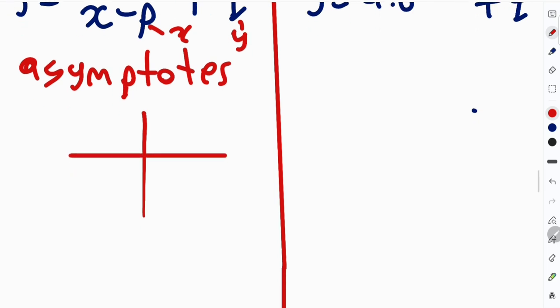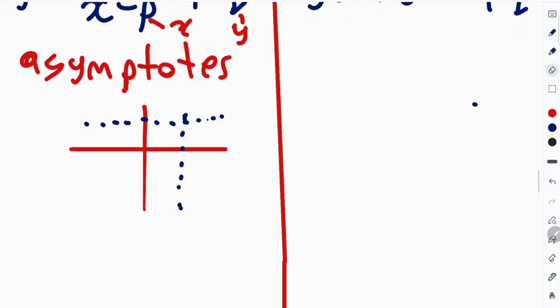If this is your graph, and x equals p, then p will be a vertical asymptote, which indicates your x values. So if x is equal to 3, p would be here. This would be your p. And if y is equal to 4, this would be your asymptote. So basically those are your asymptotes.